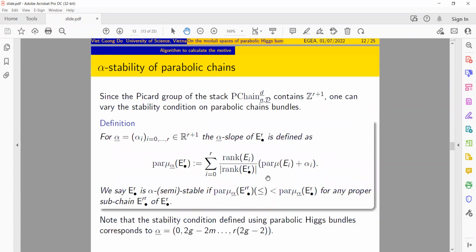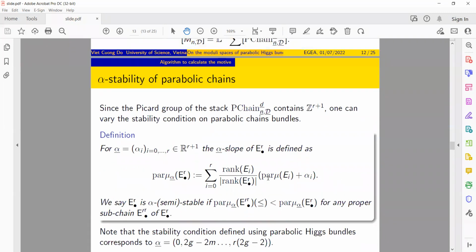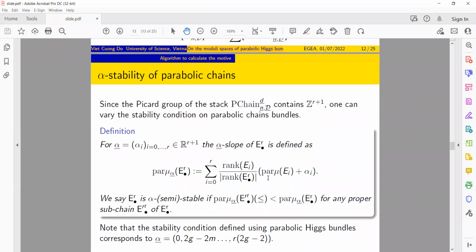Here I should mention that the parabolic stack contains Z to the power 2 to the power r plus one. So we can vary the stability condition on the parabolic chain bundle. Here I give you a new definition of alpha-semistable and alpha-stable. This stability is very important in my calculation.